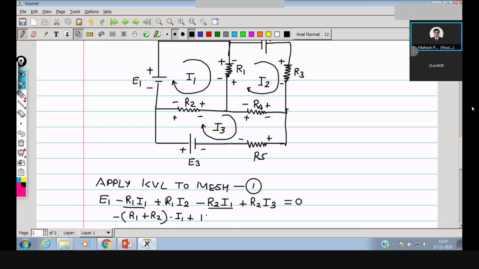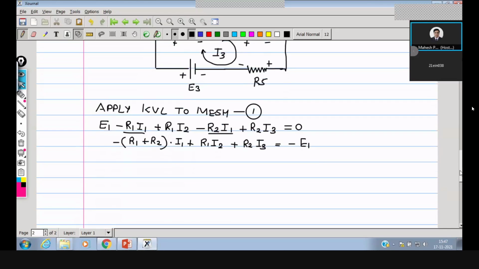So plus R1 I2 plus R2 I3 is equal to minus E1. Or we can change the sign and write the equation: (R1 plus R2) into current I1 minus R1 I2 minus R2 I3 is equal to E1. So this is equation number 2.